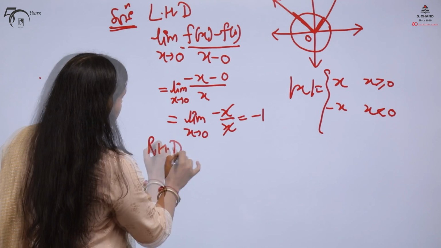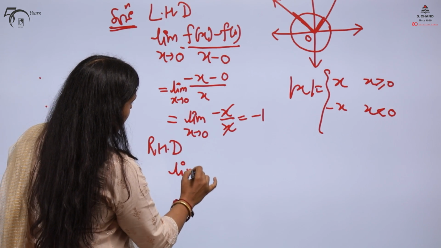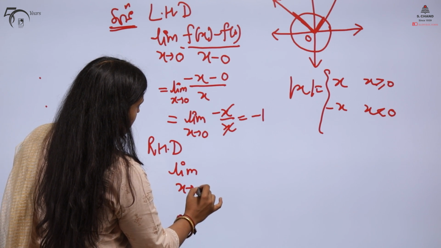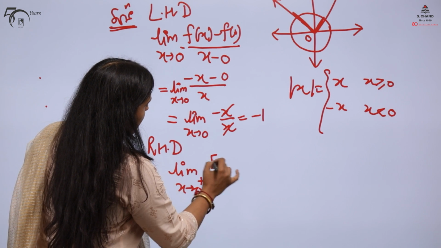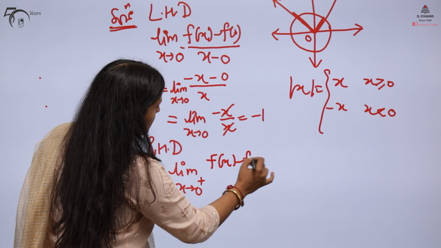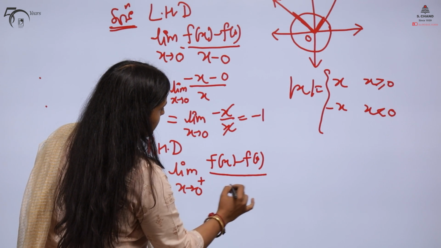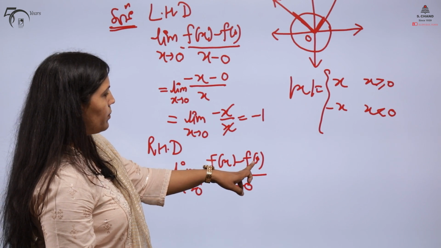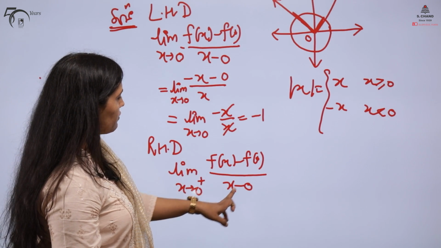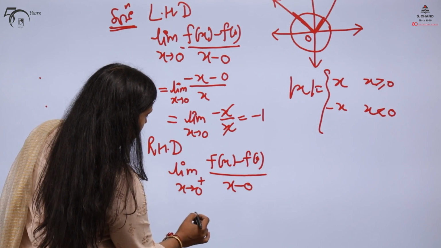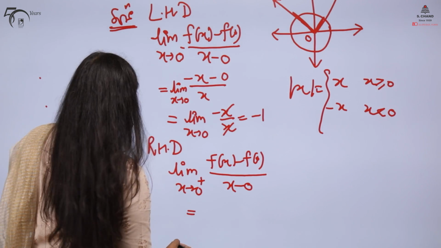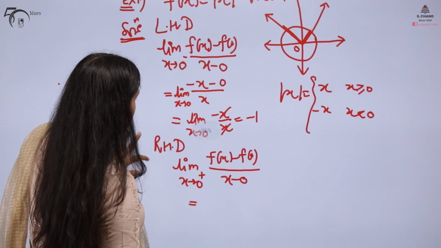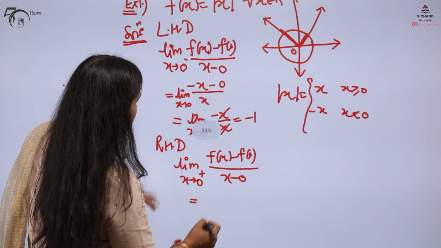Now calculate the right hand derivative, and for the derivative obviously you are calculating the limit. f(x) minus f(0), this definition you will be remembering when you are calculating. So it is f(x), the value of the function at that point, then x minus 0. Now for the right hand limit, what is the value? You can see for the right hand side it is positive.